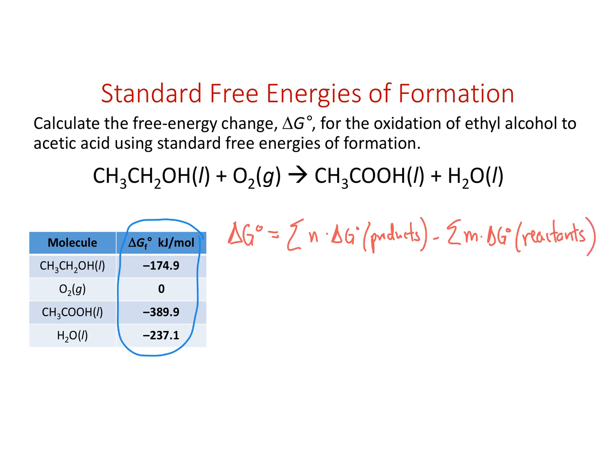minus the summation of how many moles of reactants do I have and the delta G of those reactants. So if we have delta H, delta S values, we can calculate delta G. If we don't have delta H or delta S values, we can calculate delta G by using this summation calculation and the free energies of formation of all the starting materials and products in a given reaction.